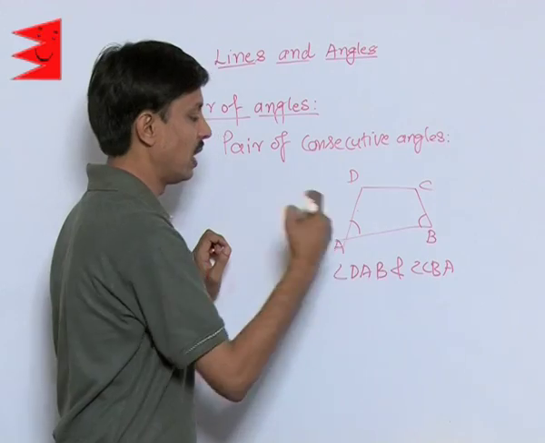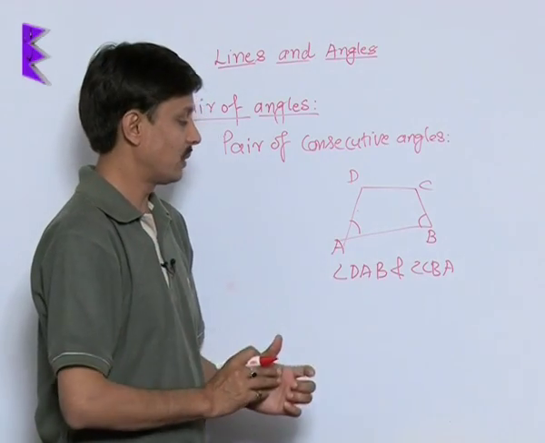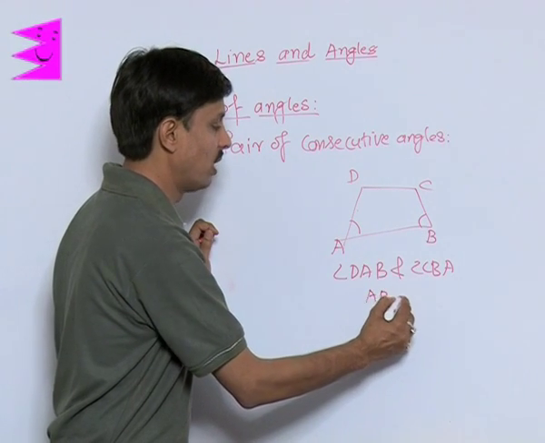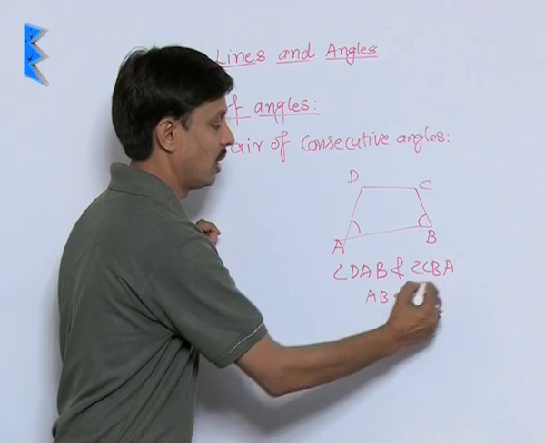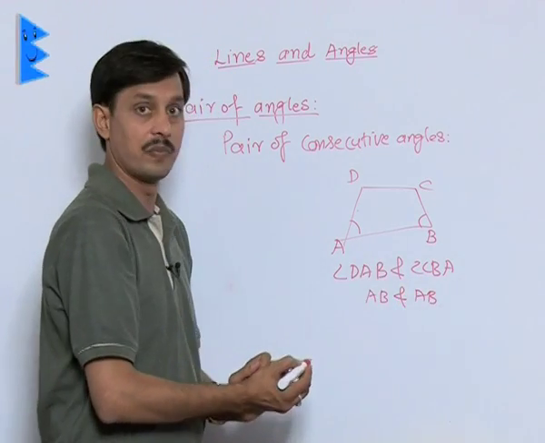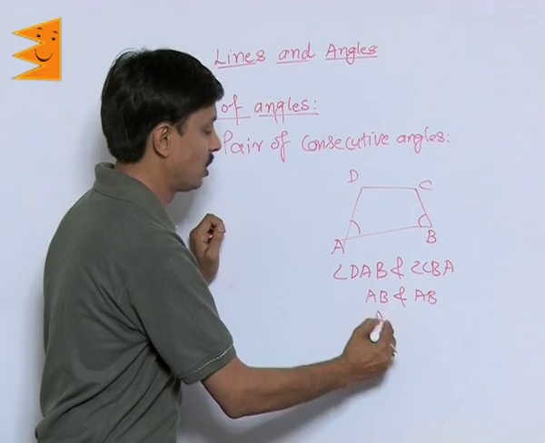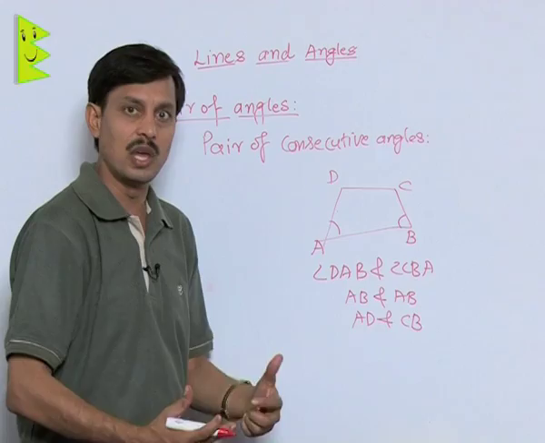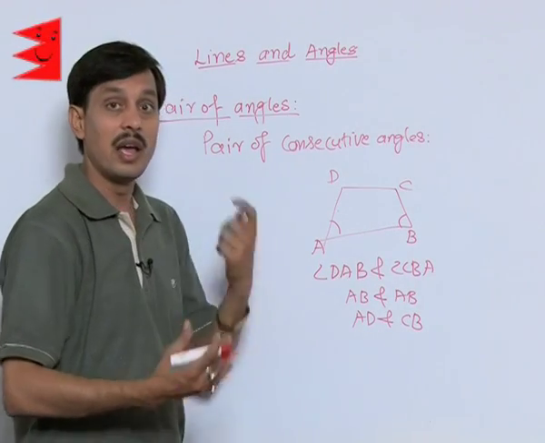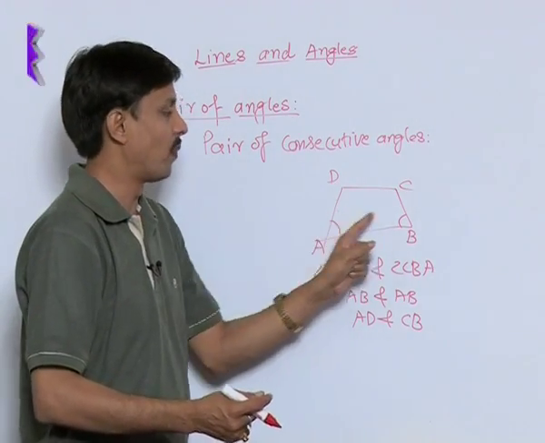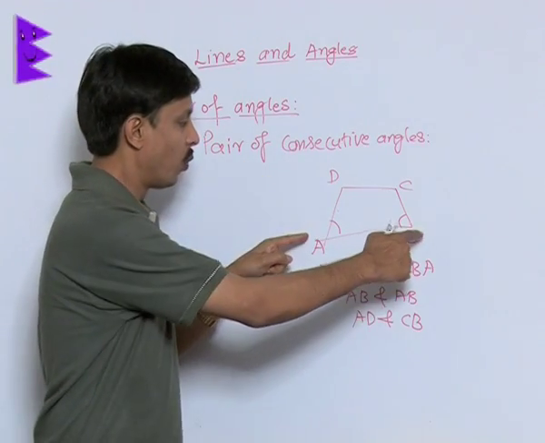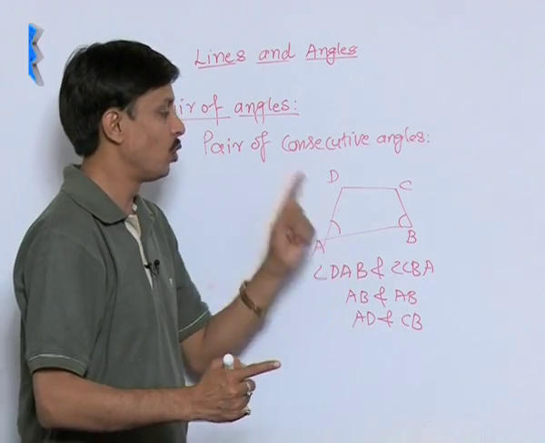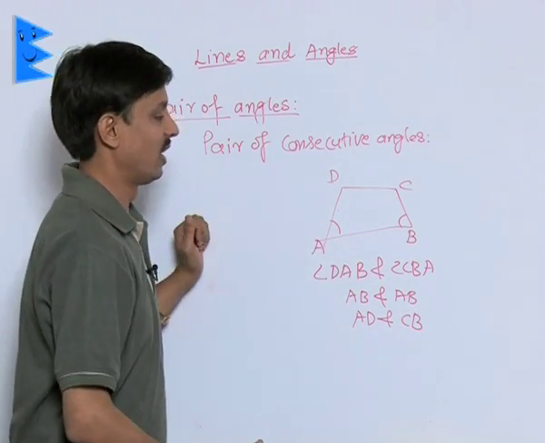DAB and CBA are the two angles having the same common arm. AB is common in the first angle and AB is common in the second angle. There are two non-common arms, they are AD and CB. Here slightly it seems to be a pair of adjacent angles, but it is not, because here the vertices for both angles are different.